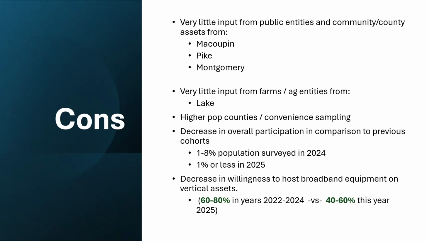We had a decrease in overall participation in comparison to the previous cohorts, really. In 2024, it was between 1% and 8% of population surveyed. This coincided with some other things that were going on in 2024. We had the bead challenge going on. We had just a lot more chatter across the state in terms of data collection.